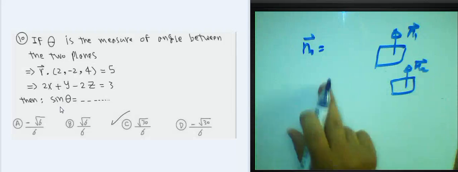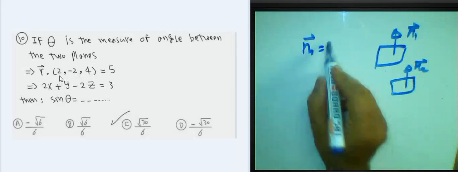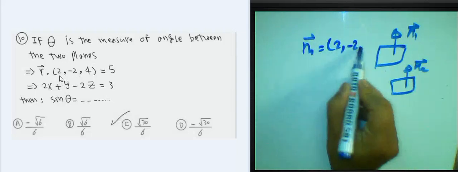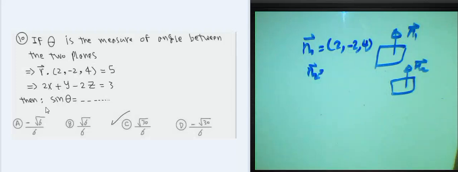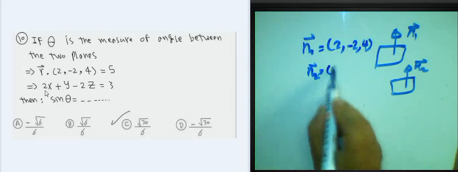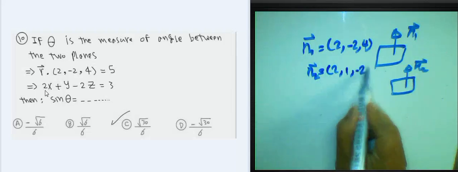Then we can find n1 here: 2 and negative 2 and 4, and we have n2 about the second plane here, coefficient of x will be 2, the coefficient of y equal 1, and the coefficient of z equal negative 2.